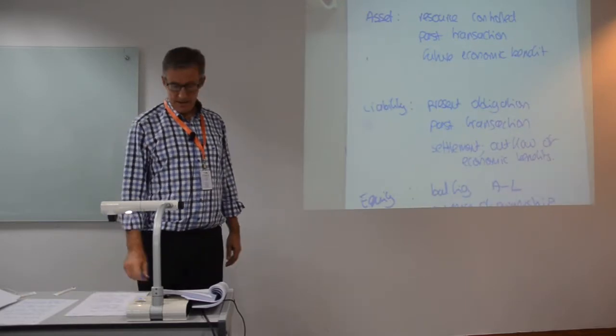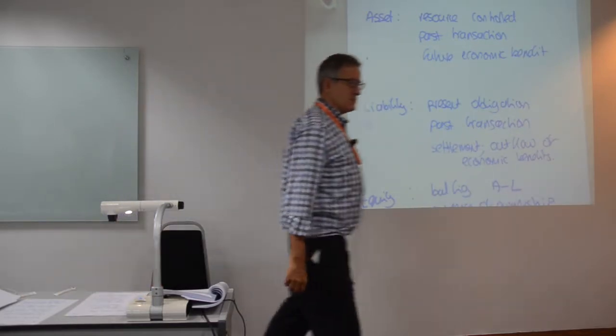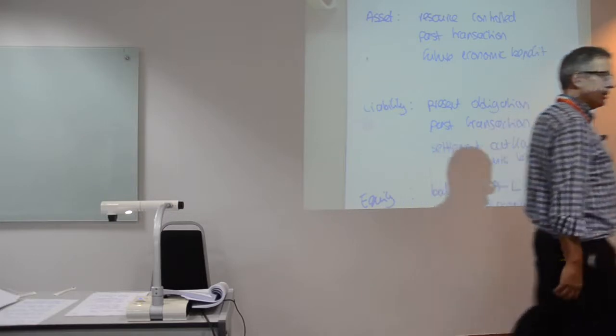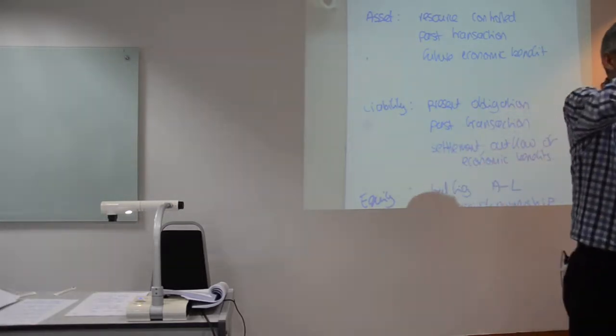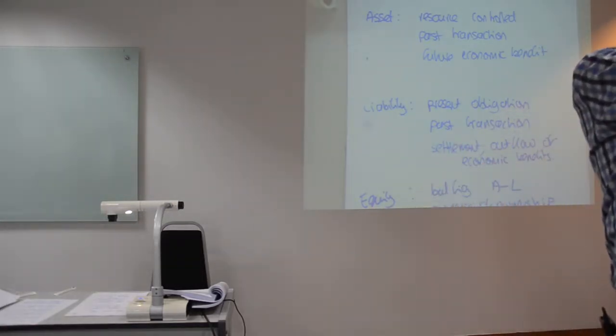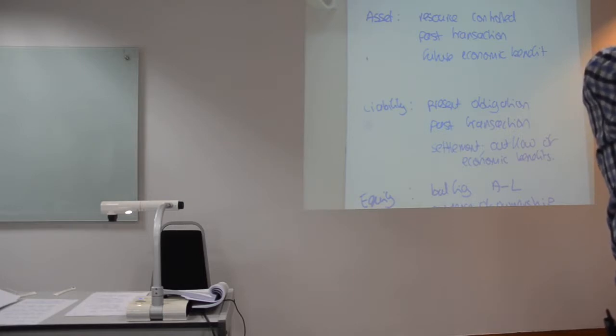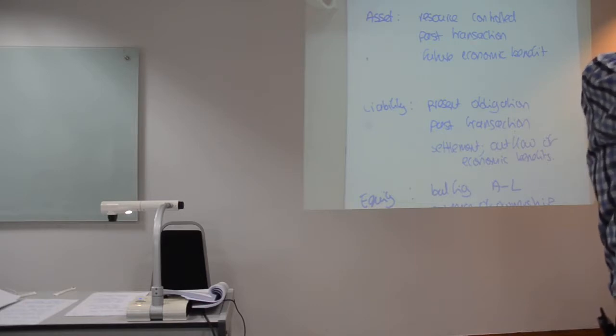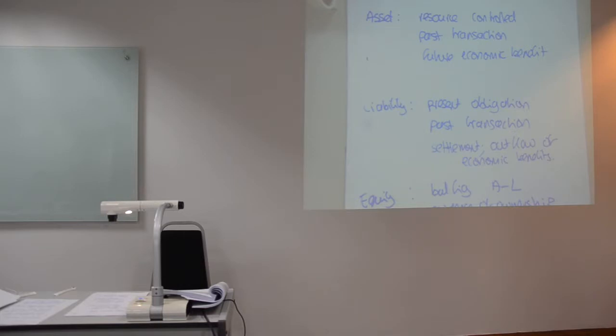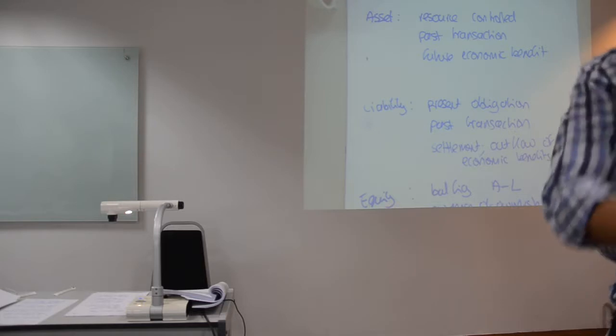What is an asset? An asset is a resource that you control. I have the car for 4 years. I have the photocopier for 4 years. I decide when that photocopier is turned on. I'm in control of that photocopier for 4 years. I get the economic benefit from that photocopier for the next 4 years.